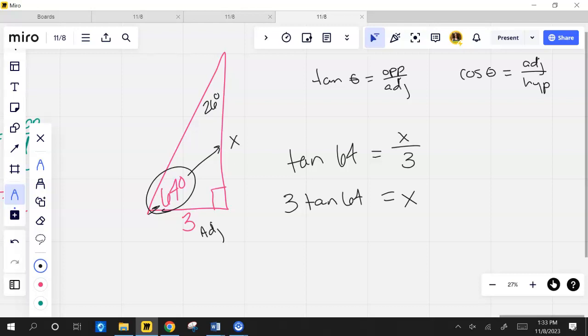That's x. Yeah, that's fine. Now Pythagorean theorem to find the missing side.